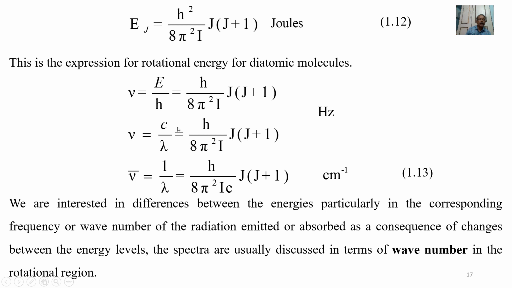I can bring this c to the right hand side, that will give me h divided by 8 pi squared I c times J into J plus 1. And 1 by lambda is nothing but nu bar, which we call the wave number. We are interested in differences between the energies, particularly in the corresponding frequency or wave number of the radiation emitted or observed as a consequence of changes between the energy levels. So that's why the spectra are usually discussed in terms of wave number in the rotational region. So this is in terms of centimeter power minus 1.